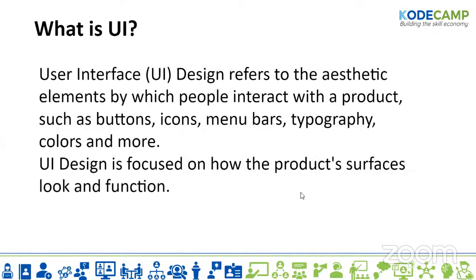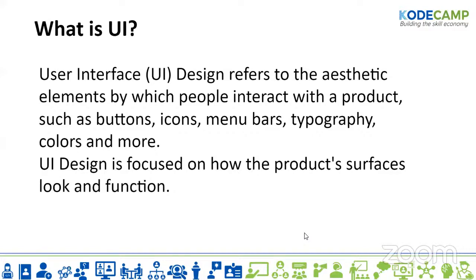So first of all, before we even talk about the patterns, let's remind ourselves, what is UI? User interface, like I said before, refers to the aesthetic element by which people interact with a product, such as buttons, icons, menu bars, typography, colors, and more.